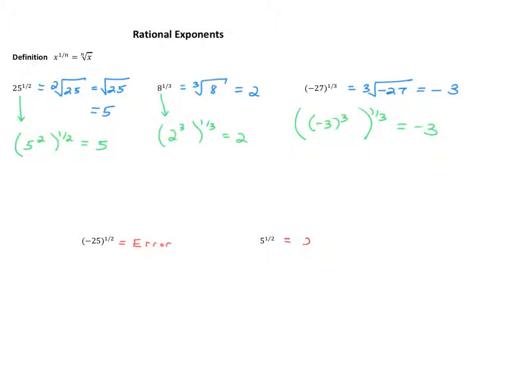I get 2.236067977, and then it stops, presumably because it ran out of places to put values in the decimal expansion. But the point is sometimes you can't get a nice number for your answer. And when you go to your calculator, the best you could do is get a decimal approximation for it. But that is it for at least defining fractions of the form 1 over n.